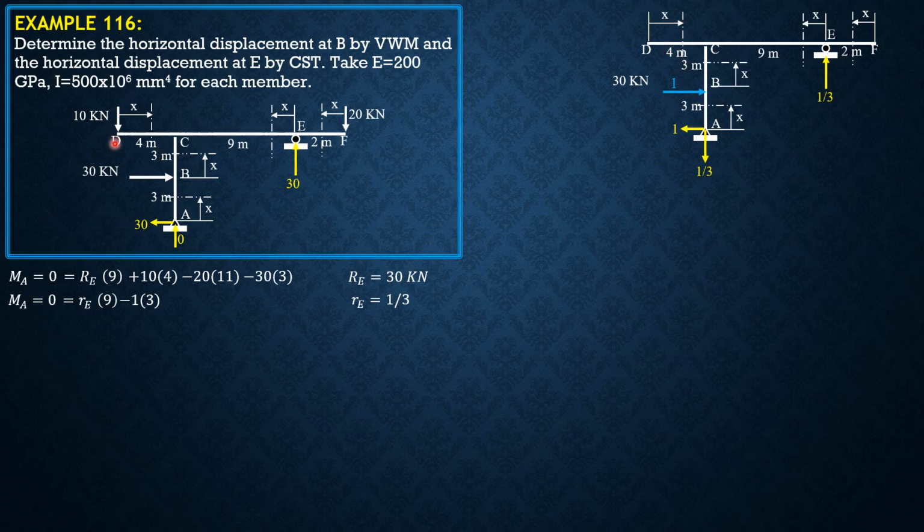So we bypass or ignore this part. Same is true with EF. There is moment at this section due to 20 kilonewton considering the load to the right of this section, but here there's no virtual force, so these two sections shall be ignored in computing the horizontal displacement at B.